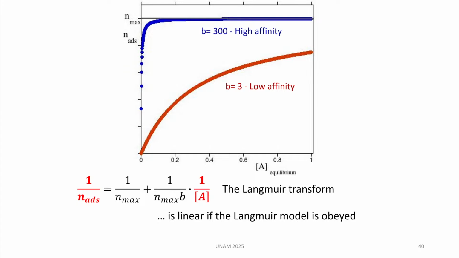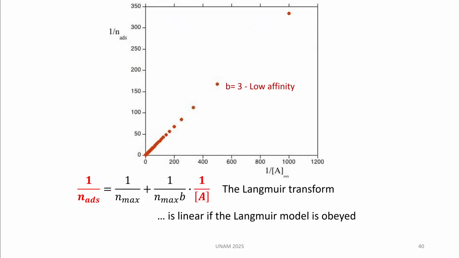Instead of n adsorbed, you take the inverse value here and you plot it as a function of the inverse of the concentration. And from the preceding equation, we see that the dependence should be like this. It should be linear with the intercept giving you the maximum number adsorbed. And from the intercept and the slope, you can calculate B.